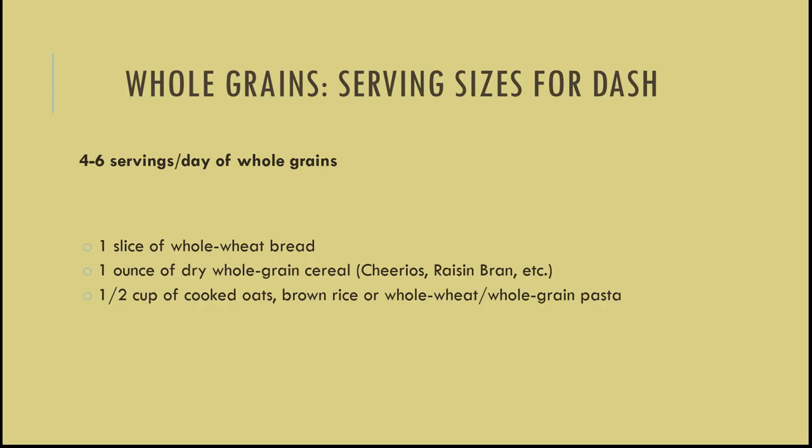These are some examples of what one serving of a whole grain would be: a slice of whole wheat bread, 1 ounce of a dry whole grain cereal like Cheerios or Raisin Bran, a 1/2 cup of cooked oats or oatmeal, brown rice, or whole wheat or whole grain pasta. You don't want to be buying the white rice or the white pasta, these are not whole grains.